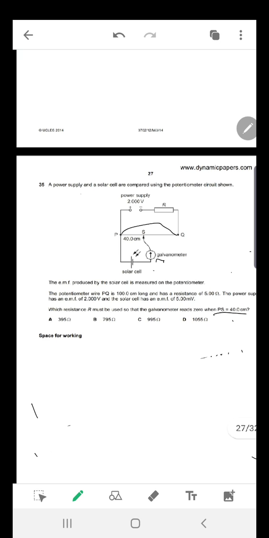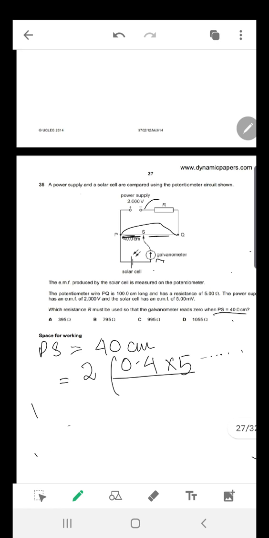So, when your PS is 40 centimeters, the potential difference across the length of the wire PS can be written as 2 volts, multiplied by 0.4, because 40 centimeters in meters is 0.4, multiplied by 5 ohms and divided by R plus 5.